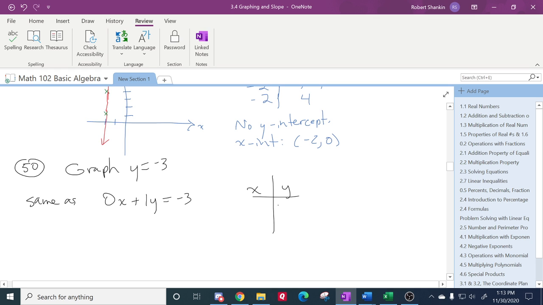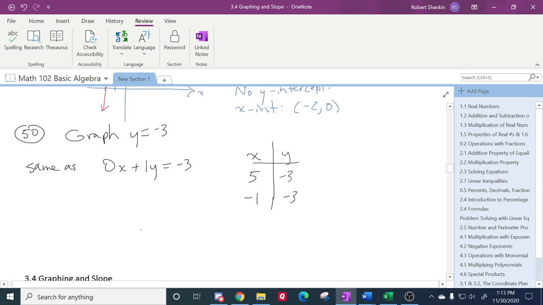Now the y has to be -3 every time. If it's something different, it's impossible to get there. If x is like 5, 5 times 0 is 0. 0 plus y is y is -3. Or if this is -1, you're going to get still -3.